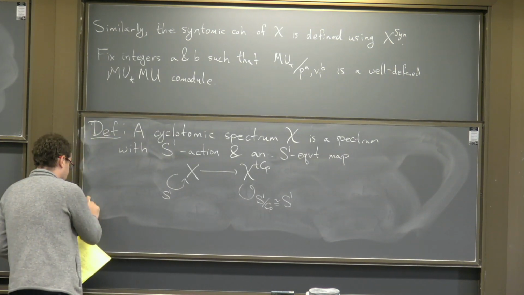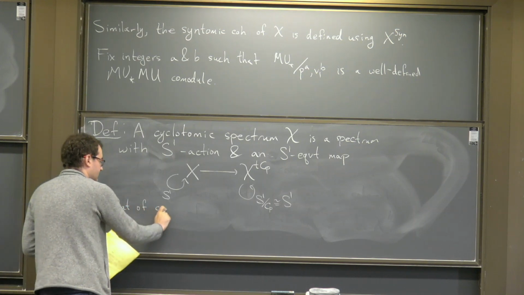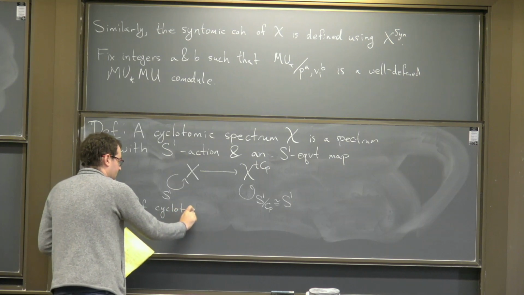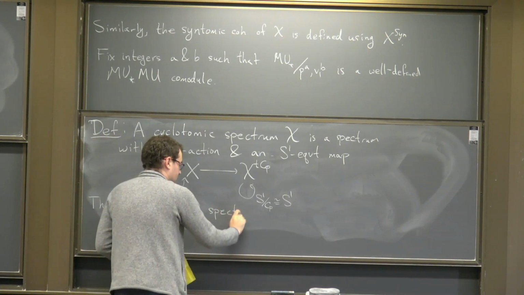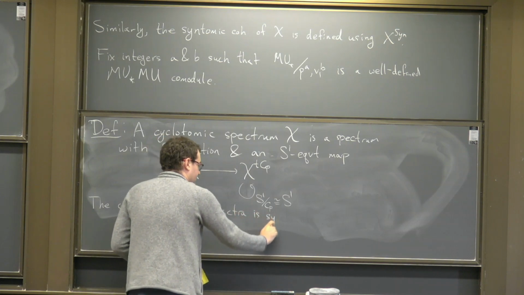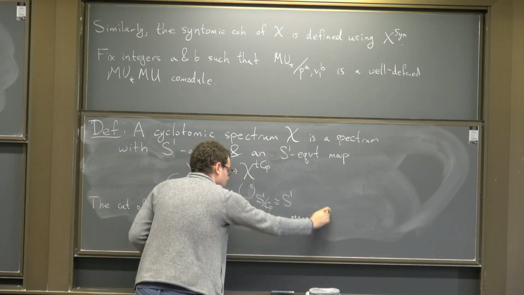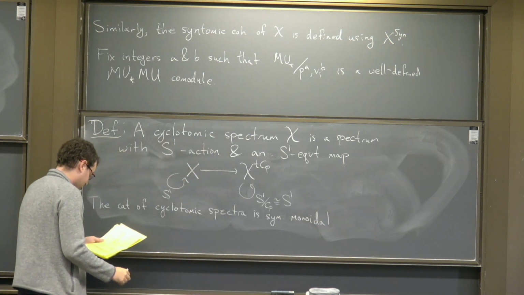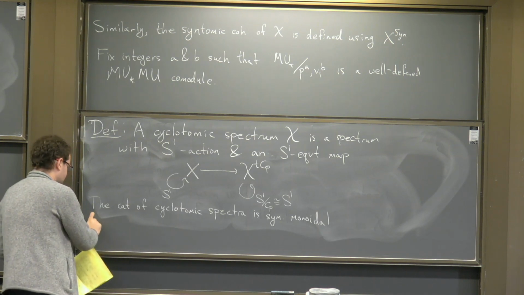And so just a remark is that the category of cyclotomic spectra, as set up by Nikolaus and Scholze in this way, is symmetric monoidal. And another interesting piece of structure is that there's a t-structure on that category as well.